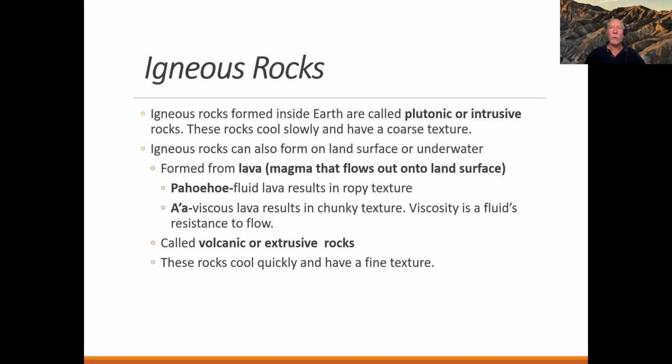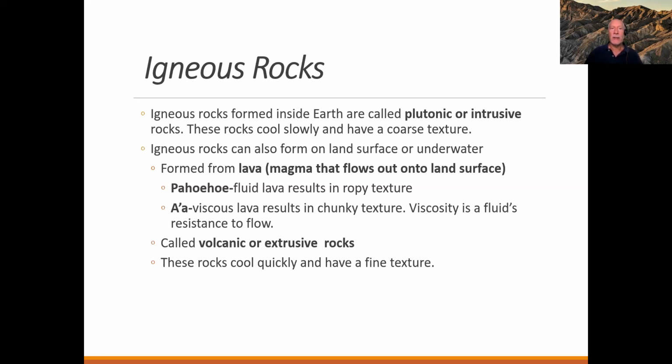If rocks cool deep underground in large magma bodies, we call them plutonic or intrusive. If they flow out onto the land surface and cool as lava, we call them volcanic or extrusive, because they flowed out through a volcano.